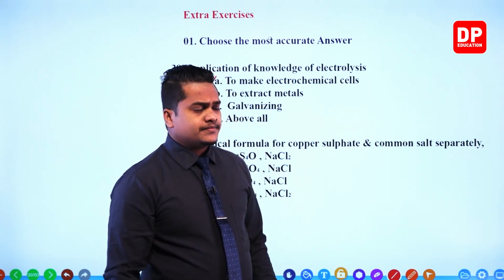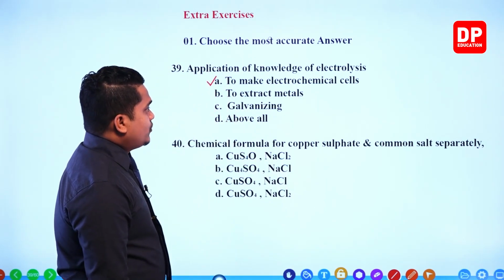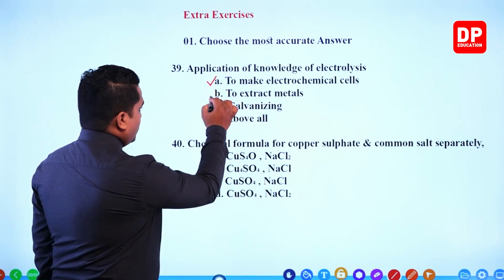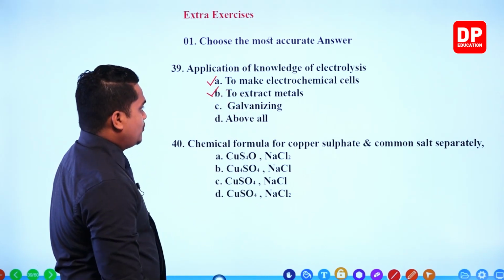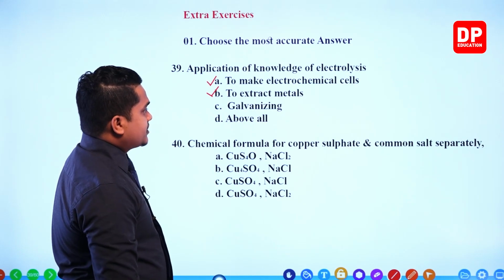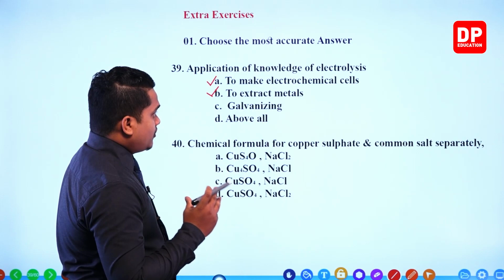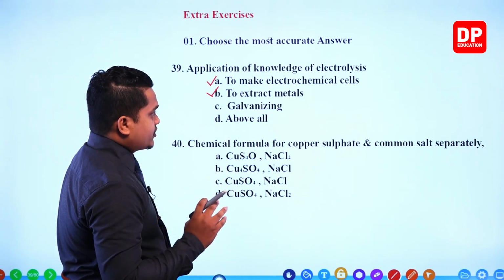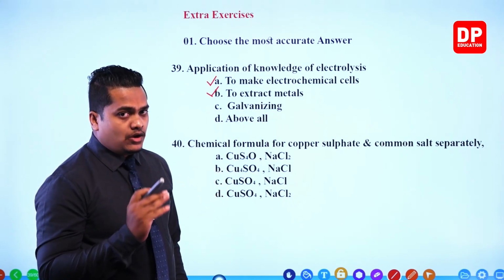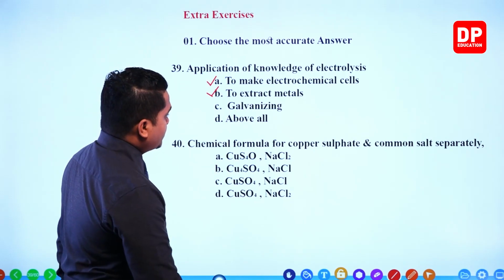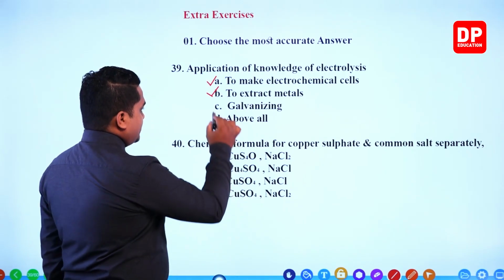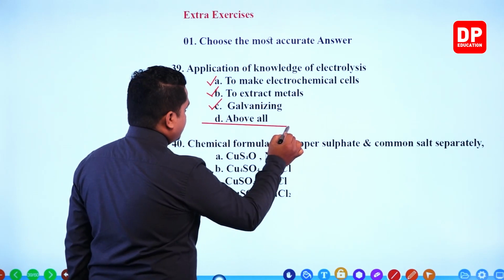So it is correct. Next one, to extract metals. That is absolutely correct. We use the knowledge of electrolysis to extract metals like sodium and aluminum. So it is correct. Next one, galvanizing. Of course it is correct. So all of these things are correct.